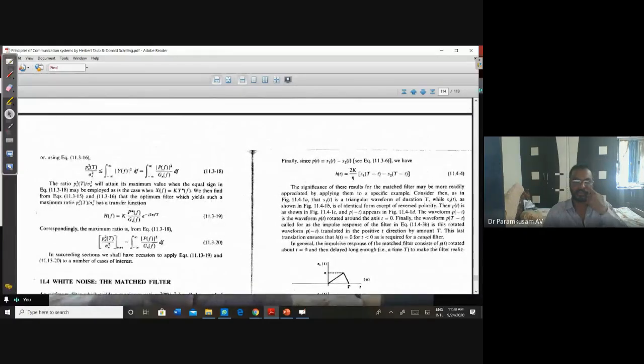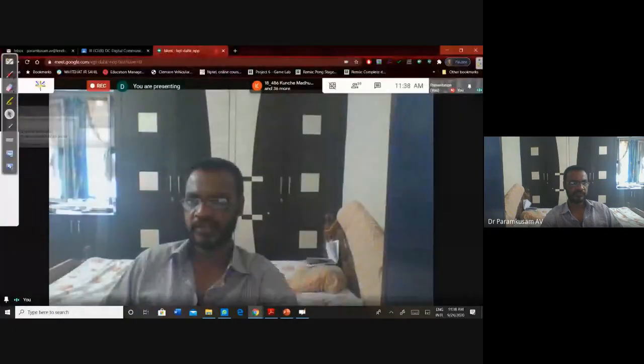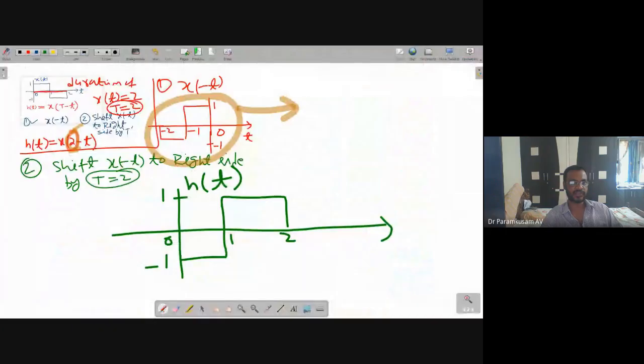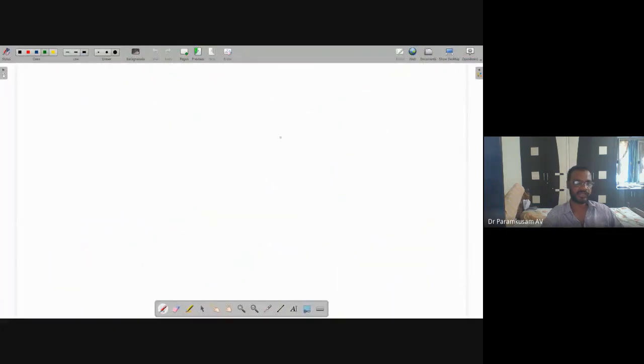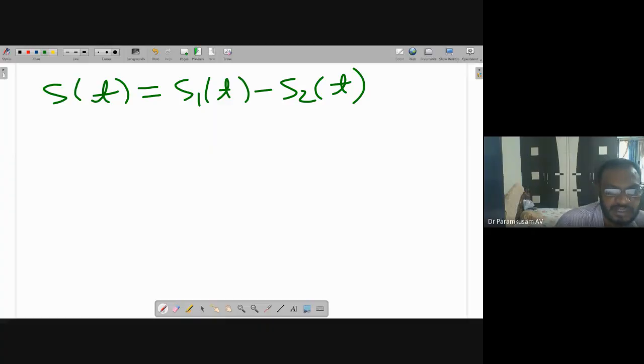Now write it generally. Generally, s of t is equal to s1 of t minus s2 of t.